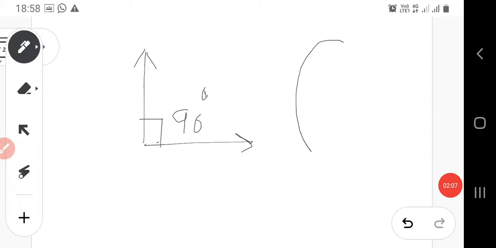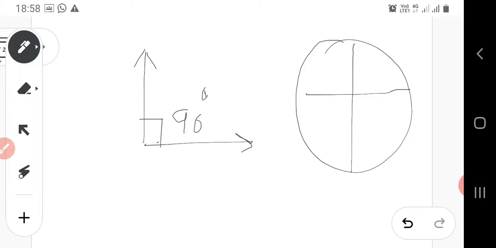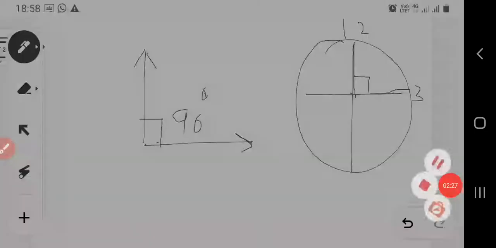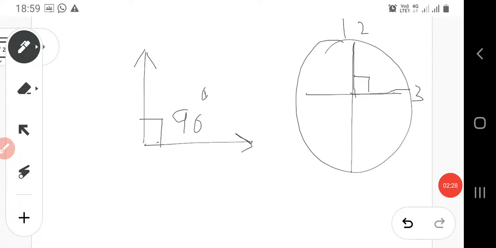So we can say it quarter turn also, because in clock if the needle moves from 12 to 3, it takes also 90-degree turn, and we can say it first quarter, second quarter, third quarter and fourth one.